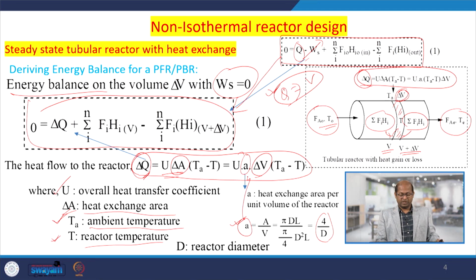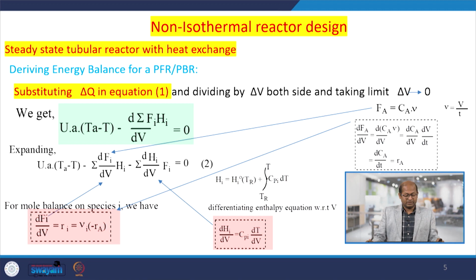So, we can substitute here, and the small delta V that we have considered, that we know. If Ta is the ambient temperature of the heating fluid, at what temperature we are supplying, if we know that, and the temperature inside the reactor, that reaction fluid temperature, is known, then the amount of heat supplied we can easily find out, if you know the overall heat transfer coefficient for that particular fluid medium or process. Then we can supply or provide that.